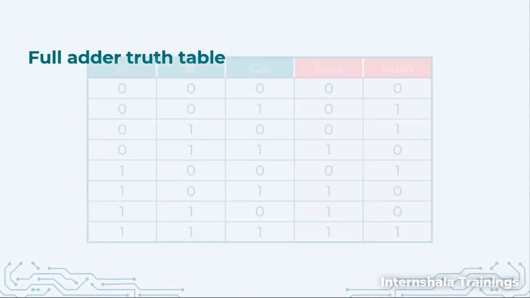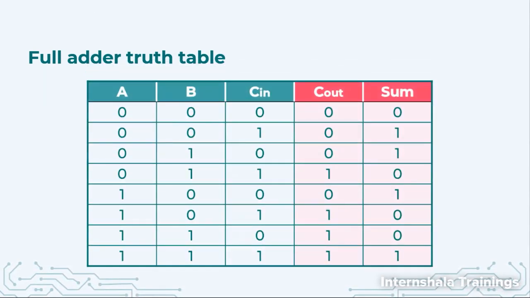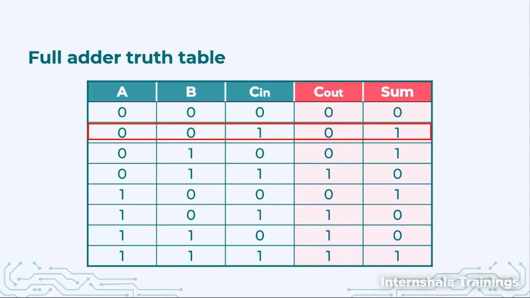Let us understand the full adder with the help of a truth table. So here we have three inputs A, B and C in, and we have two outputs C out and sum. When we add the 3 bits of our input, we get the output. Let us check case number 1. If I add 0 with 0 with 0, the answer is 0. So I have represented 0 in 2 bits, that is 0 0. When I add 0 with 1, the answer is 1 and it is represented as 0 1.